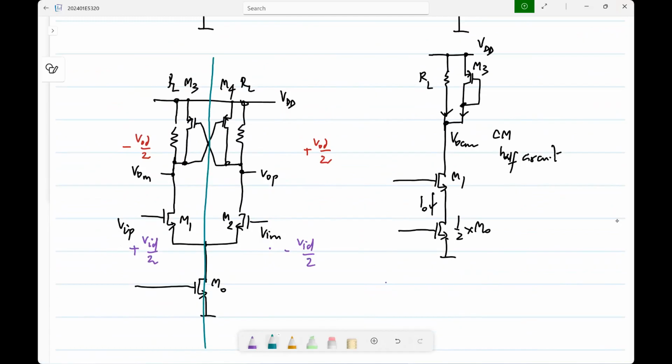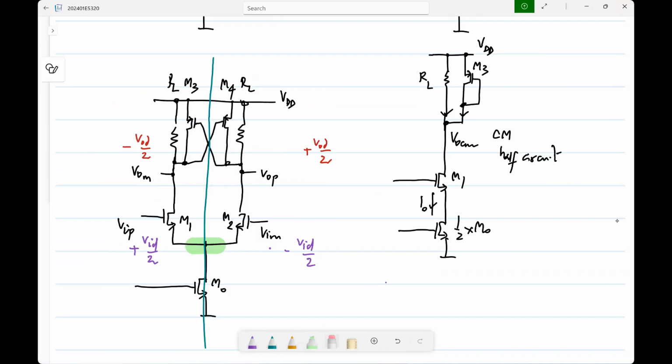How many such nodes do we have? It's actually only this one, right? So these, they are not connected to corresponding nodes, right? So this is at 0, this will be at 0, these will not be at 0. Okay, this one, for instance, the gate of this is connected to the drain of this and vice versa.